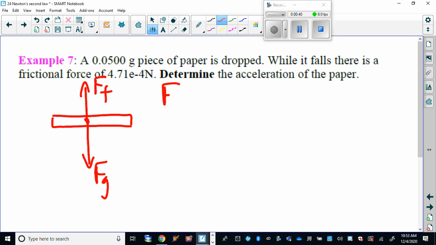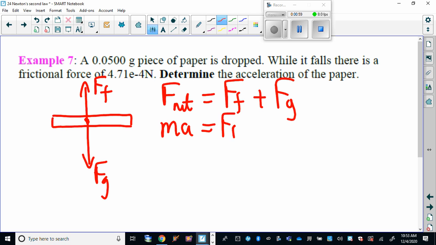So your net force equals your force of friction plus your force of gravity. And obviously, this paper is falling to the ground, so we're expecting to get a negative answer for our acceleration. Let's do this one the same way that we did example number 6. In other words, we'll do it in one step. So we'll go MA equals FF plus FG, and you can flesh that out to MG right away.